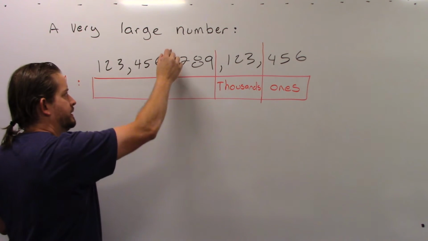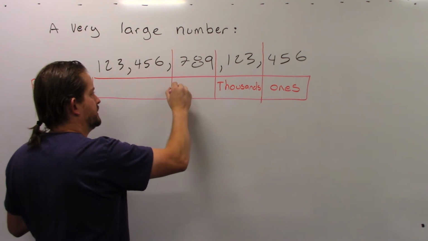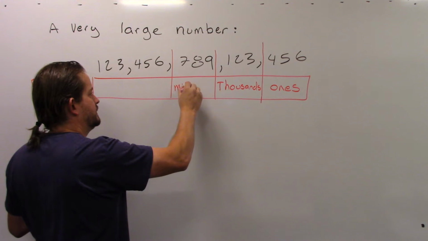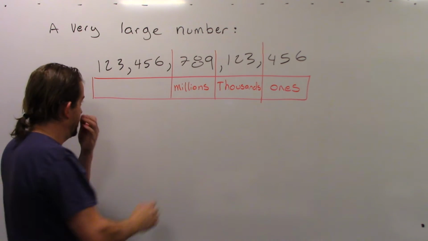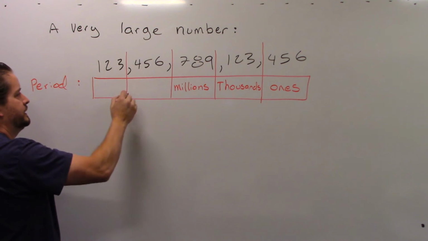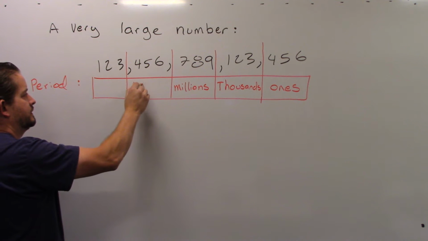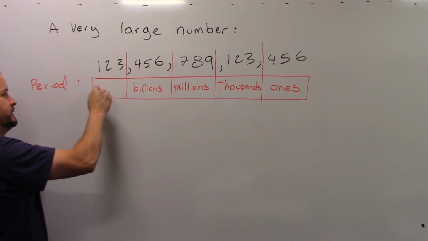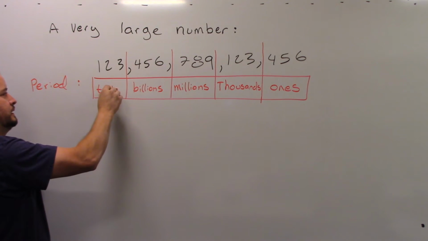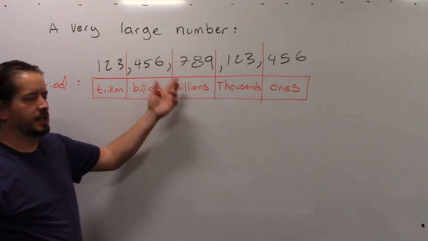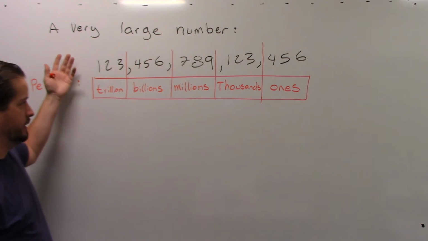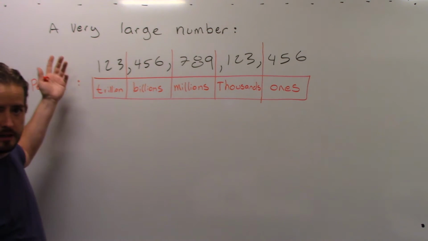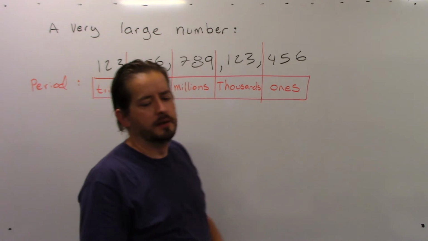The next one is the millions. And then the next one is the billions. The next here is the trillions. And these numbers just keep going. I can get a bigger number, I can get another period, I can get another one after that, and I can keep going.